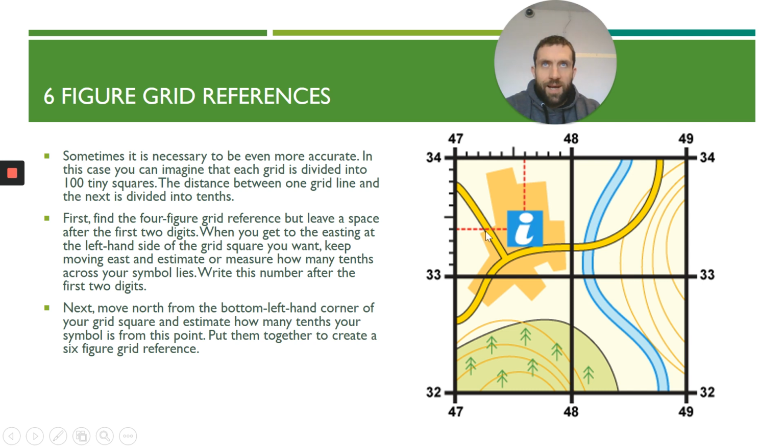So for this, if I wanted to meet you there directly, I would say it's 4, 7, and tiny bits along. 1, 2, 3, 4, 5, 6. So I would say 4, 7, 6, and then I'd go up the left hand side, up the stairs, and I'd say 4, 7, 6, 3, 3, and then how many up? 3, 3.1, 3.2, 3.3, 3.4. So I would write that as 4, 7, 6, 3, 3, 4.